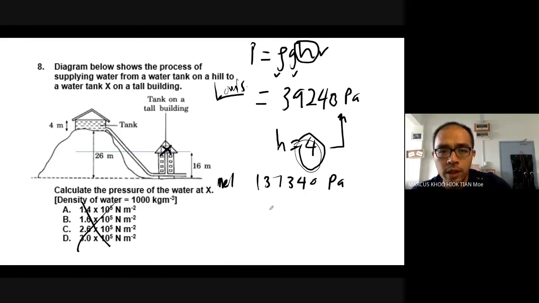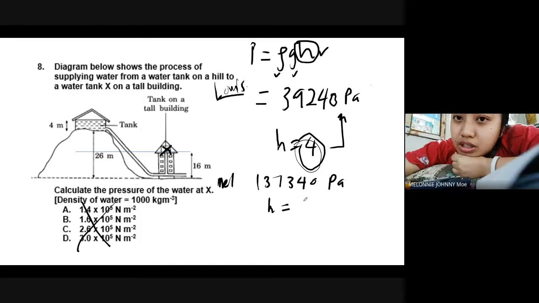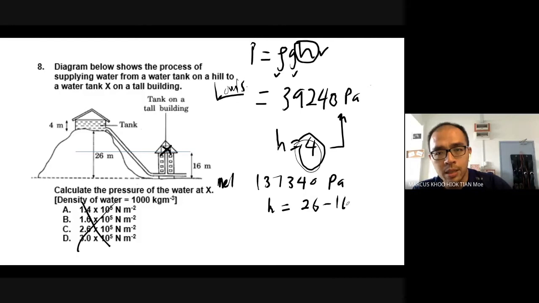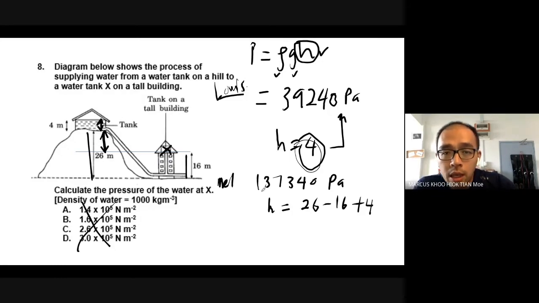But what is the H that you use here? 26 minus 16 plus 4. So this whole thing minus this one, you get this height. Then you plus 4 because there's the water over here. So this is Melanie's answer.